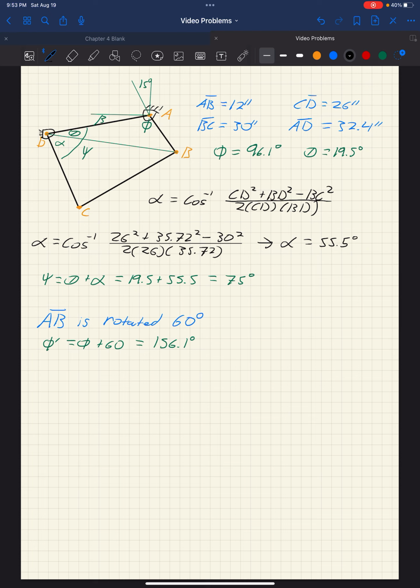So we're going to jump into the law of cosines to find our new length for DB, as B has been rotated.